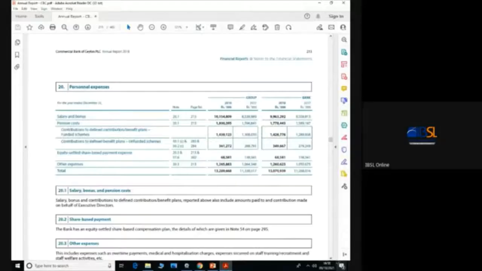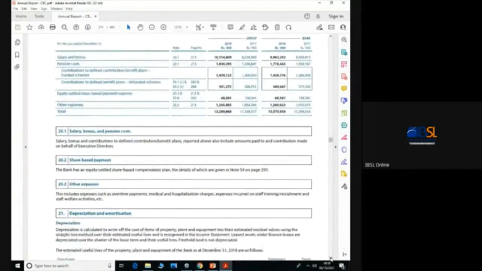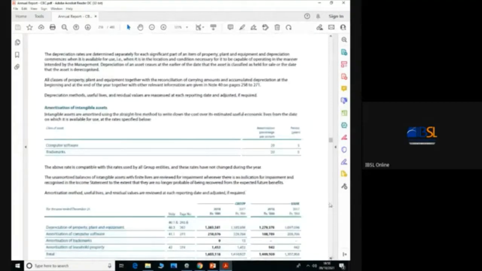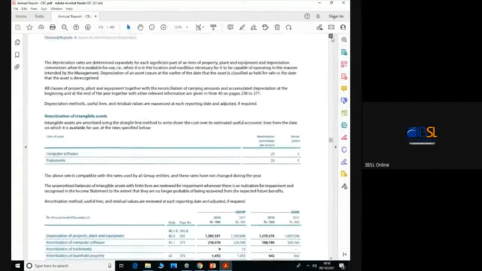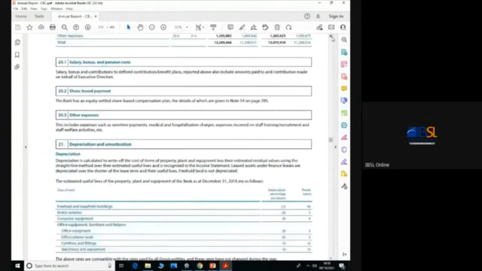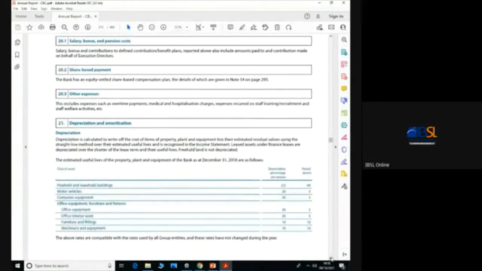Let's now look at the second question, that is under the straight line method. Straight line method. So if you really look at it, this is what the depreciation policy of the company is.